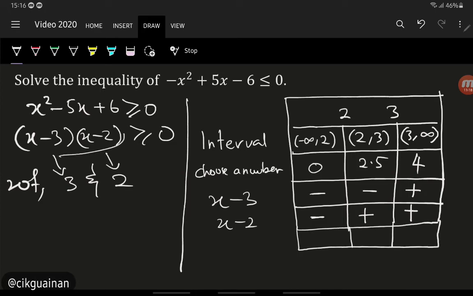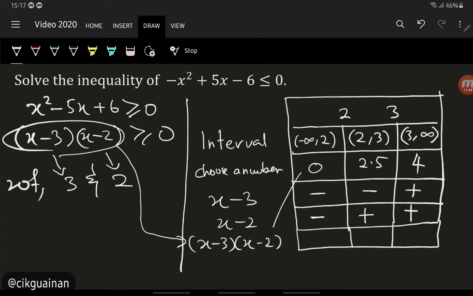The last row is the multiplication, the solution, the factorization that we get, so (x minus 3)(x minus 2). No need to recalculate or resubstitute the values, just multiply these two signs. A negative number multiplied by a negative number is positive. A negative number multiplied by a positive number is negative. A positive number multiplied by a positive number gives a positive number.